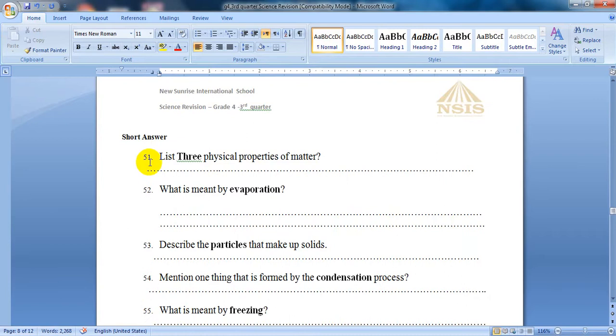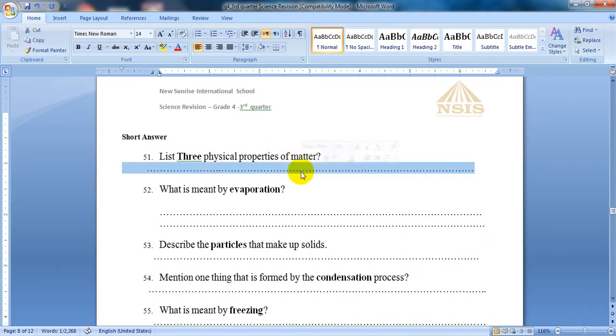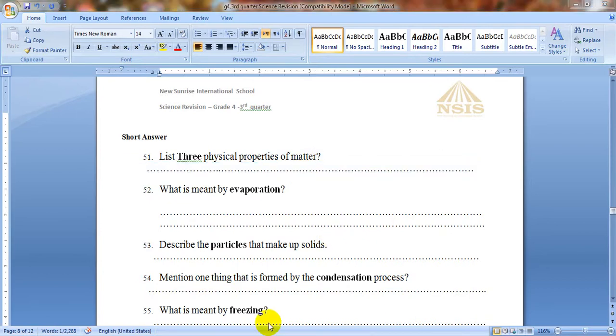Here we have the short answers. The first one says, list 3 physical properties of matter. We need to write 3 physical properties of matter. We said before that a physical property is a property that we could observe. It's a property that we can measure or observe. Like which properties?